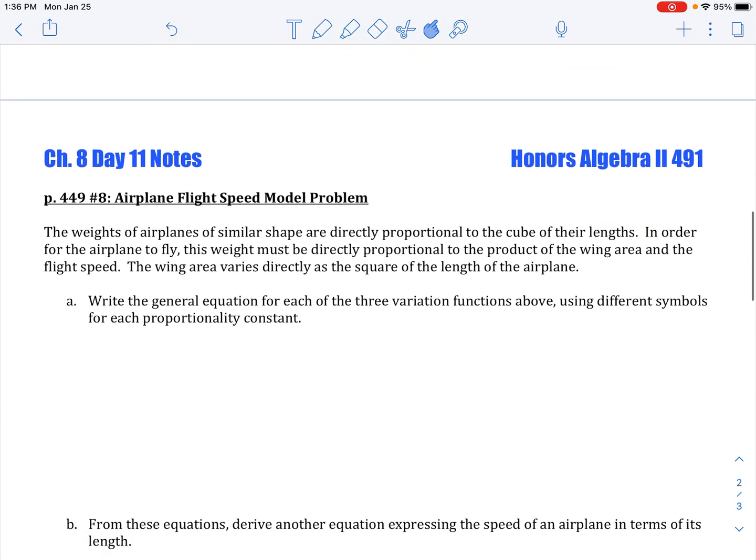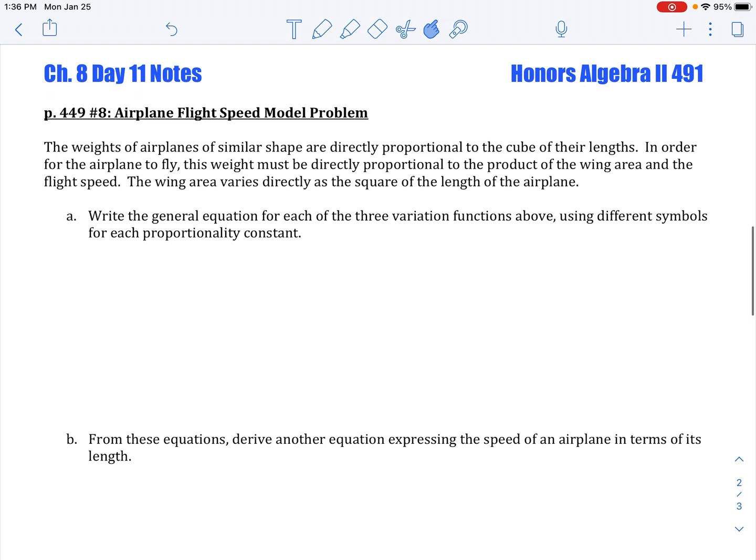Which leads us perfectly into a problem like number 8, the airplane flight speed model. This one, we'll notice as we read, is going to give us many little equations that don't relate to each other. Let's see. So the weight of the airplanes of similar shape are directly proportional to the cube of their lengths. In order for the airplane to fly, its weight must be directly proportional to the product of the wing area and the flight speed.